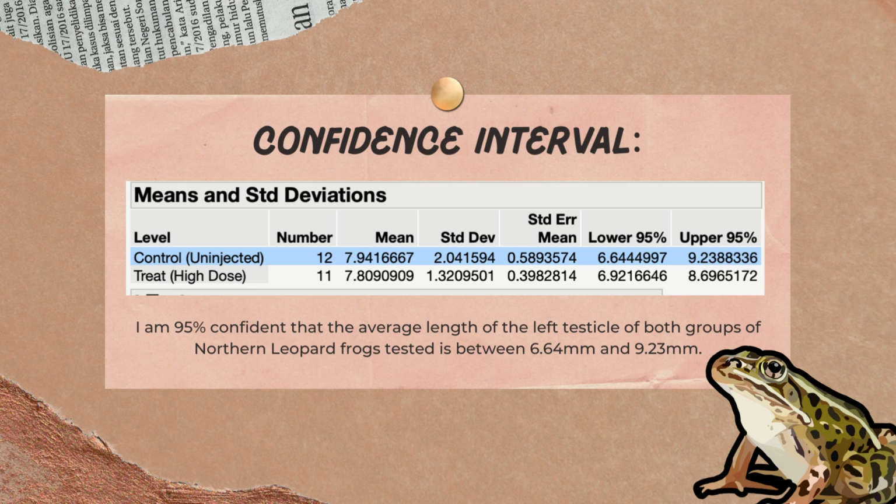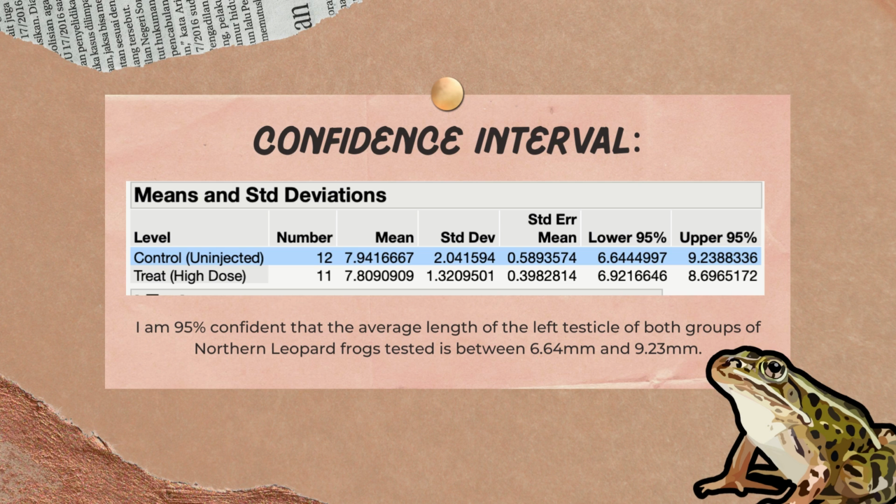The confidence interval. So here you will see that for the control, the uninjected frogs, the lower limit of the confidence interval is 6.64, and the upper limit is 9.23. I apologize.